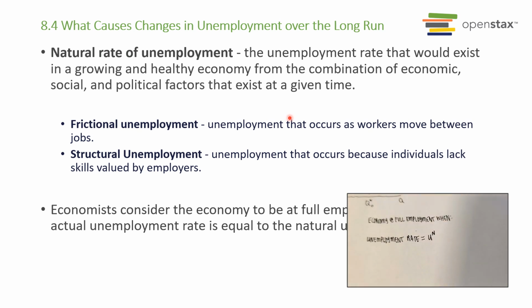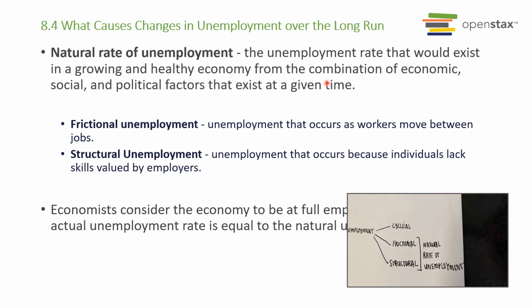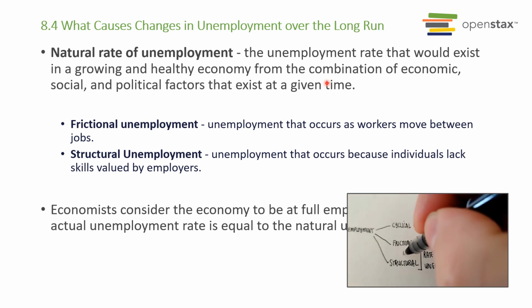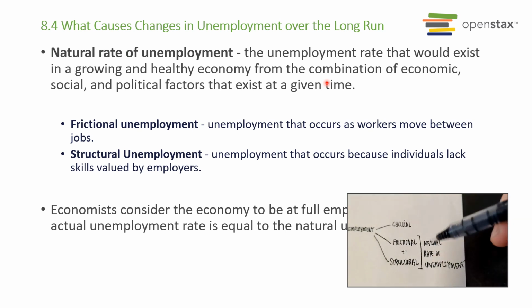If we want to just put an N in the superscript position, and we'll know that that's natural unemployment, right? And what's natural unemployment made up of again? Made up of the frictional unemployment plus the structural unemployment. That's the natural rate of unemployment. Right?